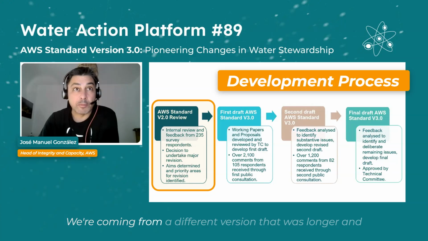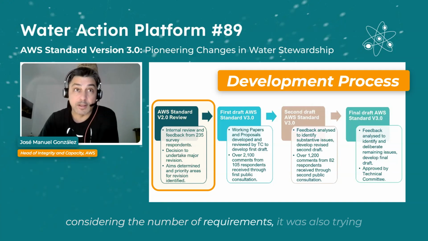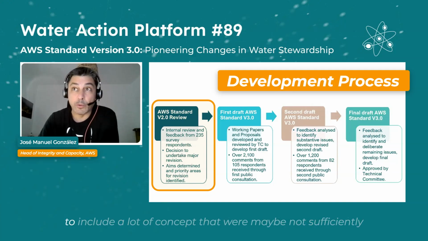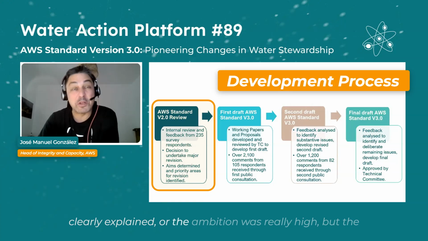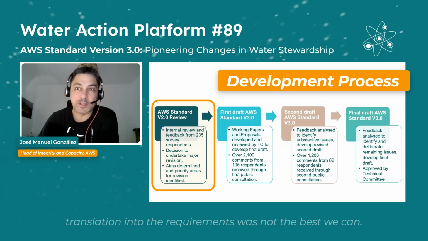And what do you hope will happen with this standard? How do you hope people will respond to it? We're coming from a different version that was longer in the number of requirements, and was also trying to include a lot of concepts that were maybe not sufficiently clearly explained, or the ambition was really high, but the translation into the requirements was not the best it could be.